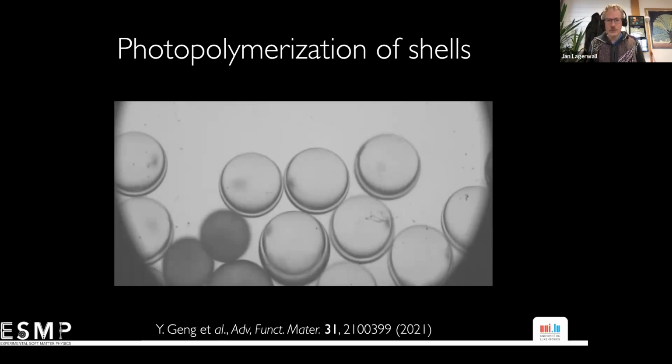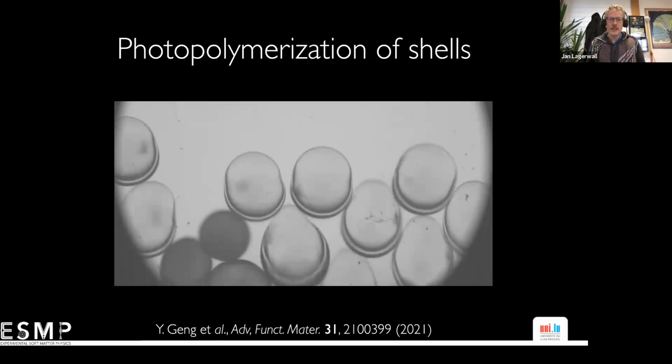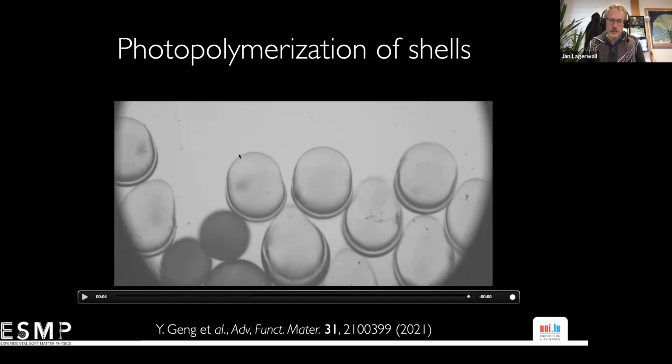Well, what happens when you polymerize them is that because of this shrinkage, they distort. And you see, because you have this thin part at the top, that's where the water will kind of try to bulge out, because that's the least resistance from the polymerized liquid crystal.